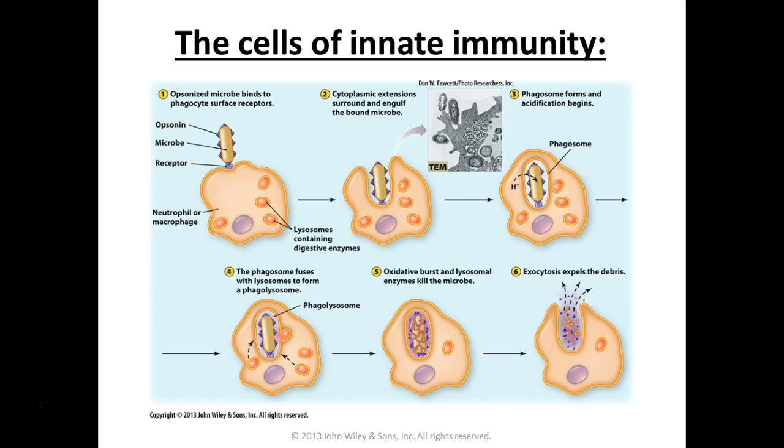But other opsonins are antibodies that we're going to learn about. C-reactive protein, mannose binding lectin, right? These things actually bind to the bacteria and basically tag it for destruction. If you think of opsonization, think of it as tagging for destruction.